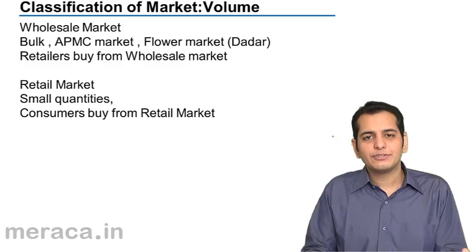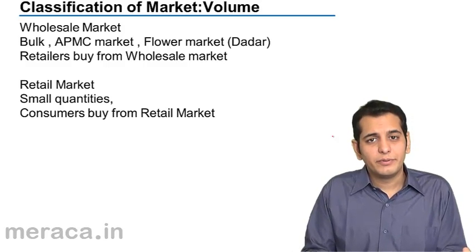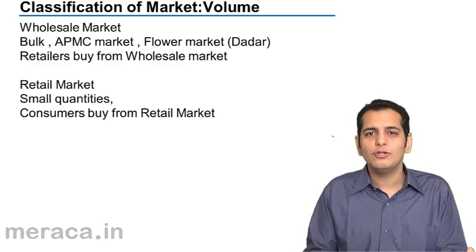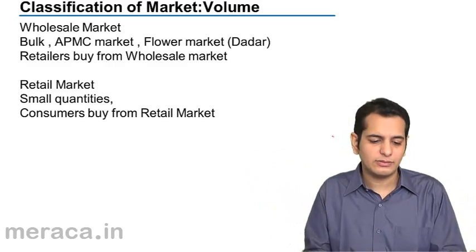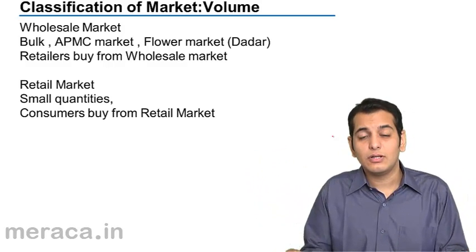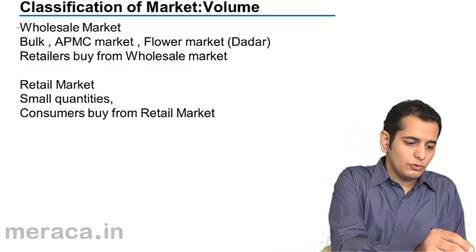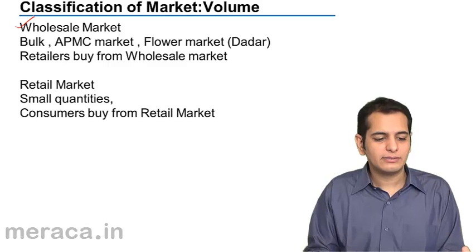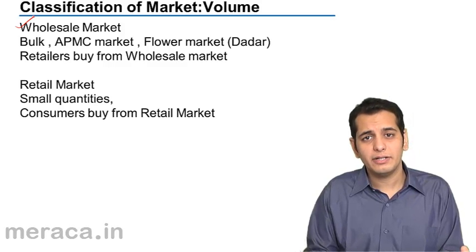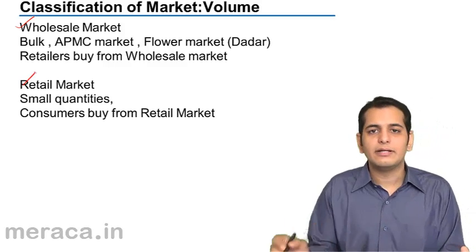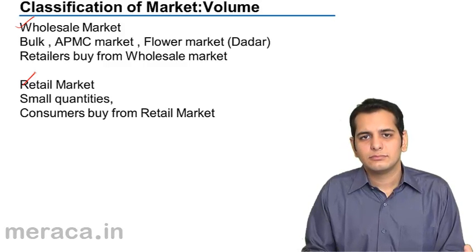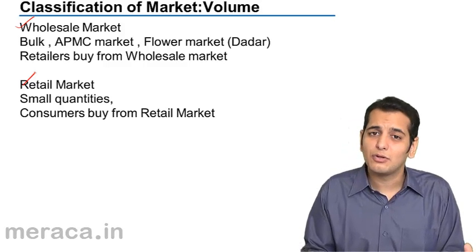The next classification is on the basis of volume. Volume means the amount of transactions, the number of transactions. So on the basis of volume, the markets are divided into wholesale market and retail market. Now we've studied these markets in our lower standards.